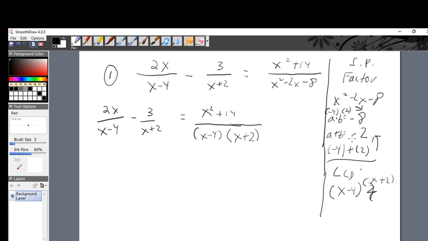Fine. What do we do when we figured that out? We multiply both sides of this equation by the LCD, x minus 4 and x plus 2. We need to multiply both sides of the equation by exactly that. So here's what our next line looks like. It looks like this. (X minus 4) times (x plus 2) times 2x over x minus 4.